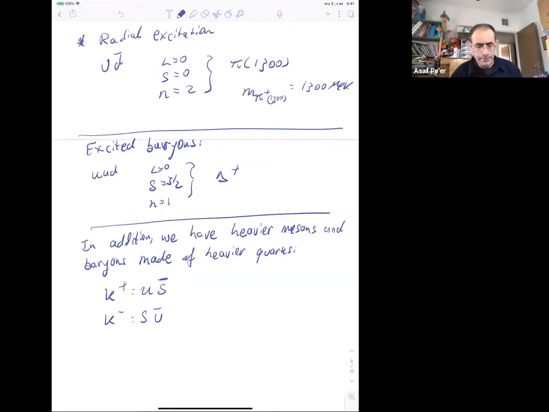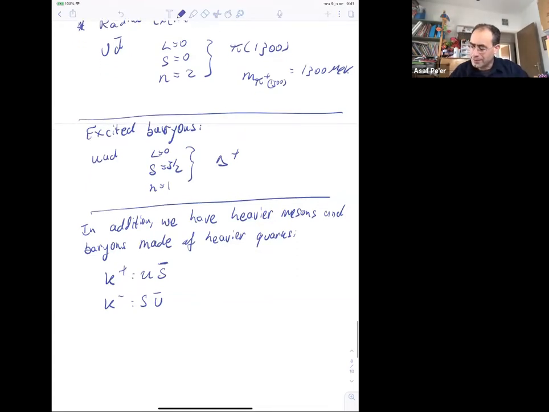But this is the ground state. For kaons as well, we can have the first excited state: kaons with spin equal to 1. They will be the first excited state, so they would be heavier. These are known as the K star, kaon star.